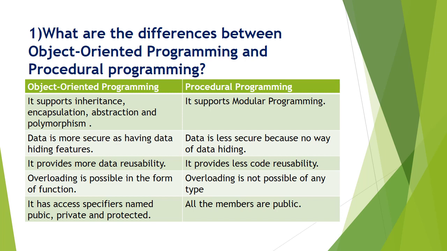But in procedural programming, there is no way of private or protected class. All the members are only public. So these are the differences between object-oriented programming and procedural programming.